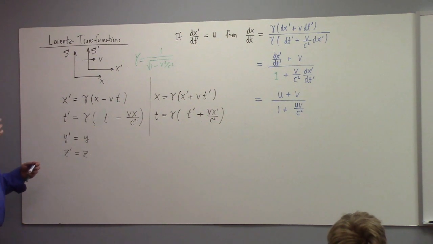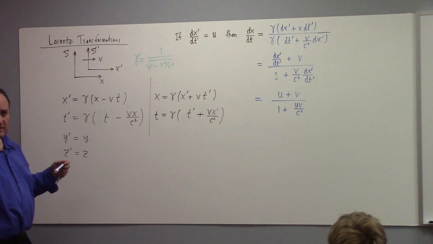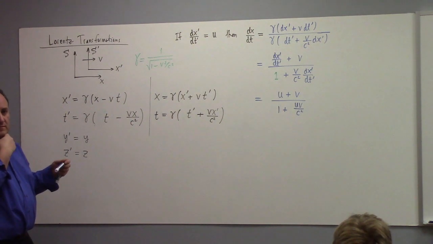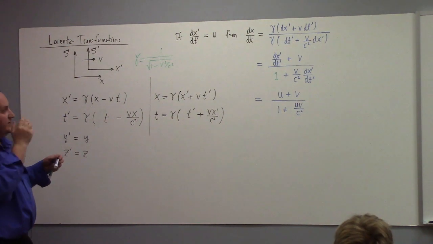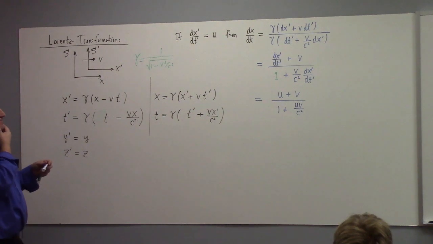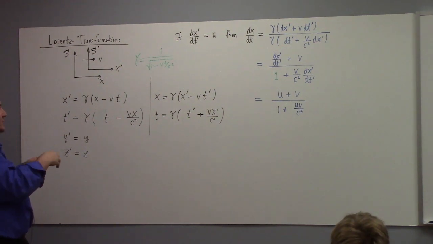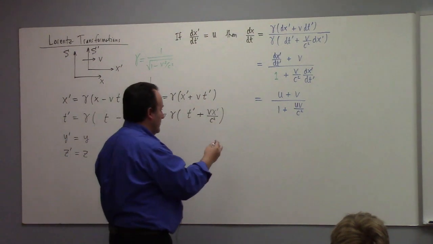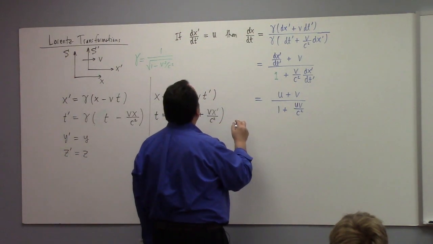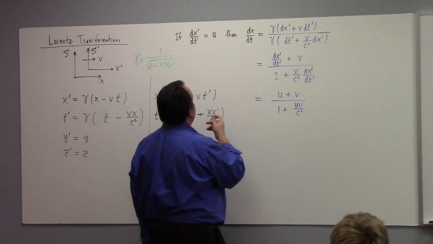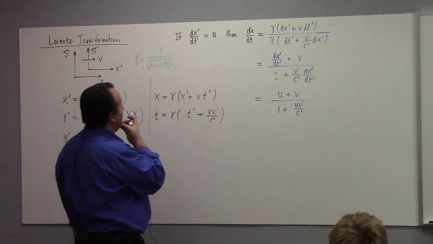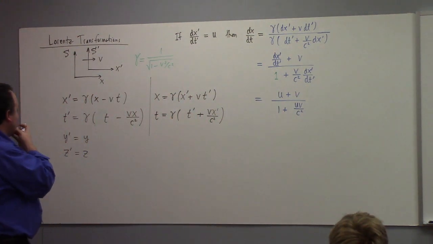Hey, while we're doing this, what's the rule for the transverse velocities? So if you want to think about the other coordinates like y and z, right?